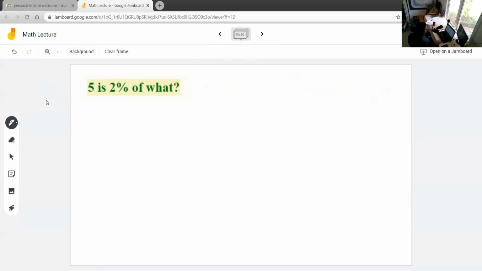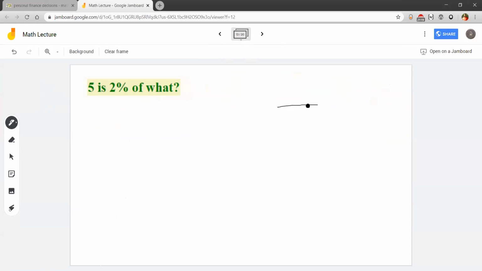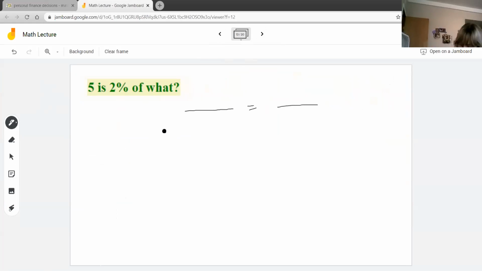Okay, look at your notes. What's my first step? Equals and 2 bars. Yeah, write it out. Writing it. Okay, second step.